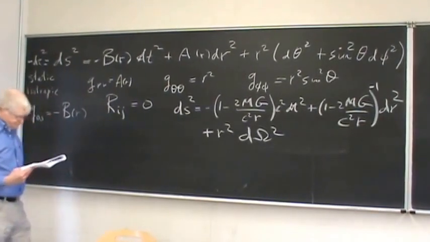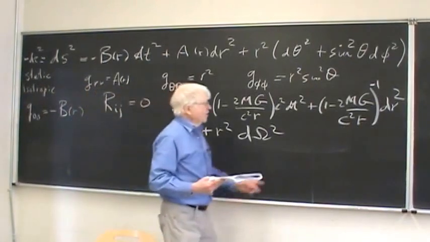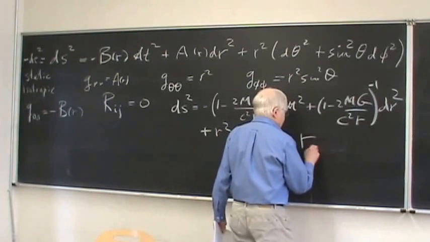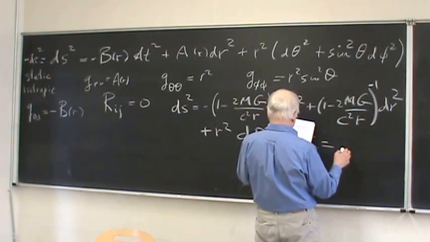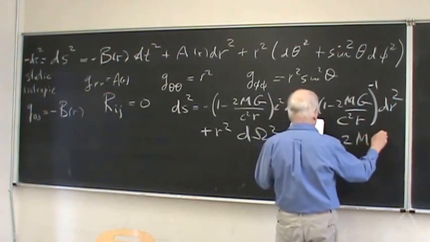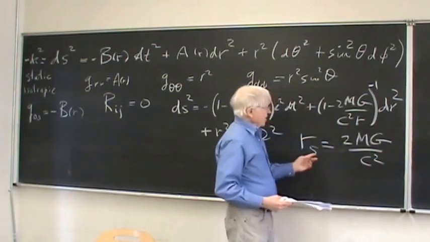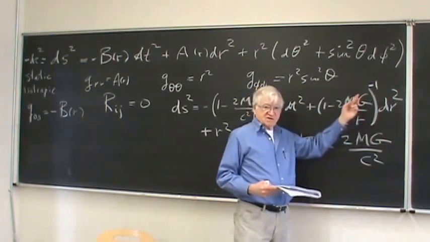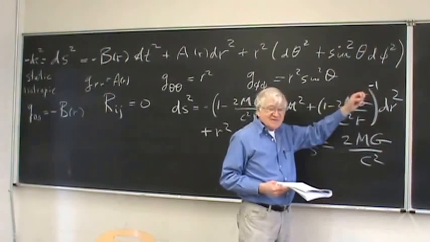And there's a singularity here when r is equal to what's called the Schwarzschild radius, r_s, which is equal to 2MG over c squared, because then if r is 2MG over c squared, we get 1 minus 1, which is 0, and 1 over 0 is infinity.